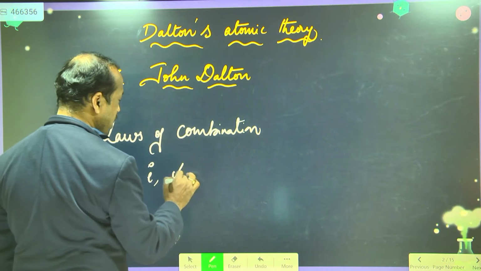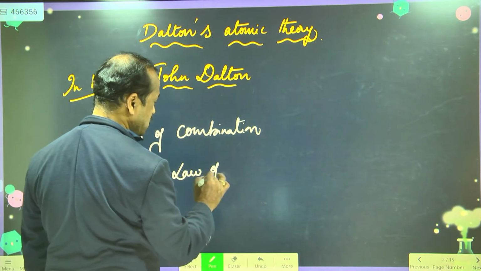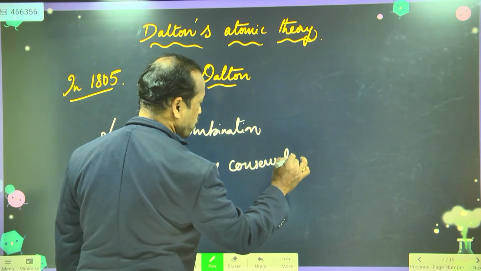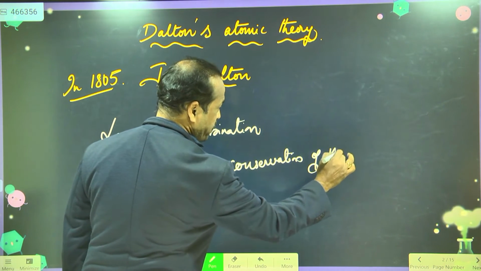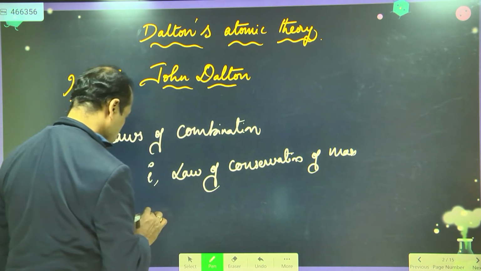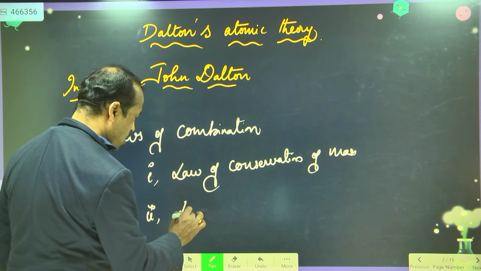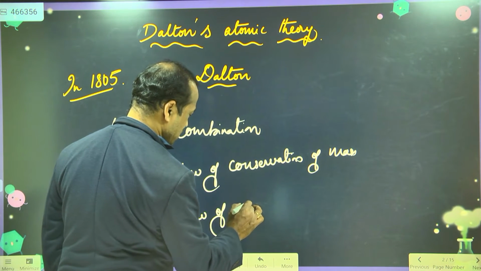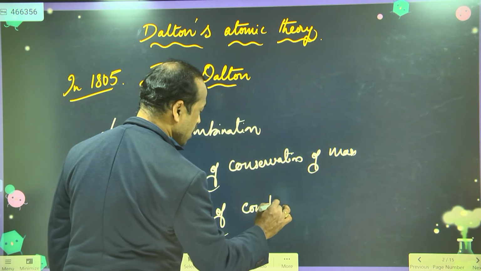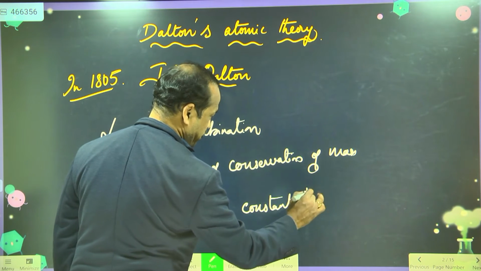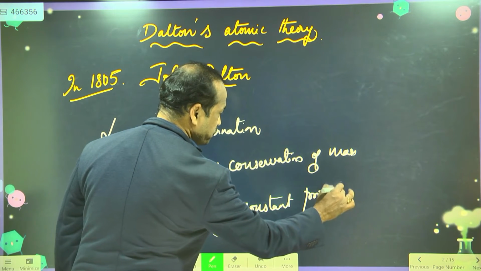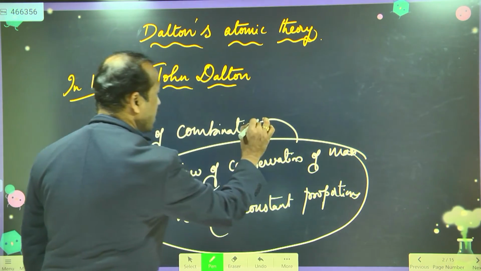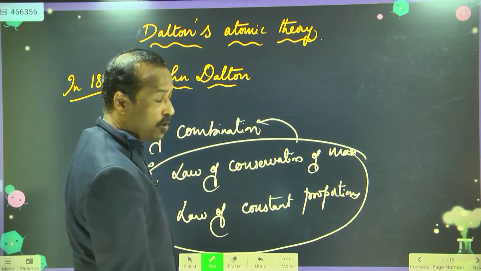One is the law of conservation of mass, and the second is the law of constant proportions, or definite proportions, you can write either. I am writing constant here. These two laws are called the laws of combination.